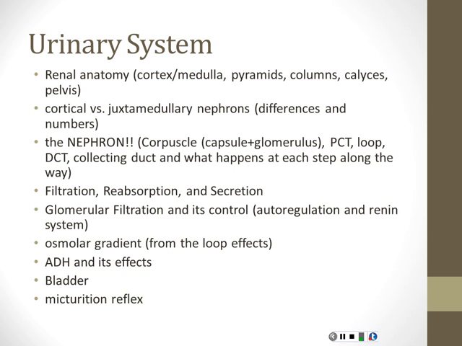Reabsorption is pulling stuff out of this nephron fluid that the body wants to hold on to, things like water, salt, sugar, amino acids, fats. And then secretion is where we put stuff into this fluid that's going to become urine to get rid of it. So we see secretion of potassium under the control of aldosterone.